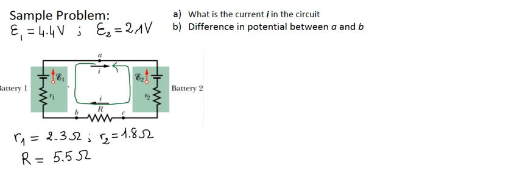So we have minus E1 plus R1I plus capital RI and plus R2I. Why again do we have plus here?